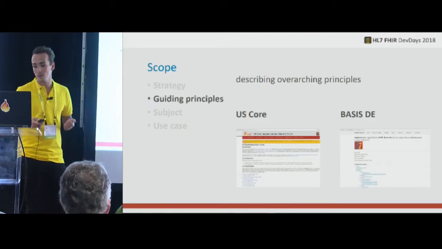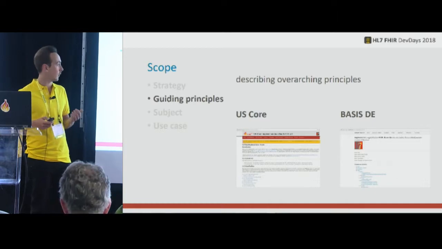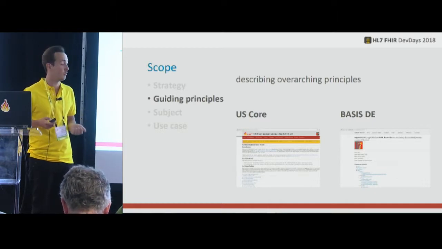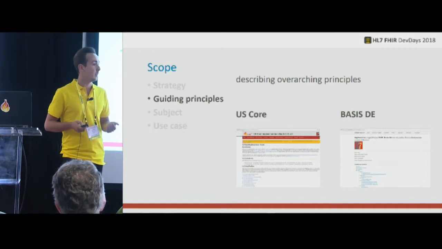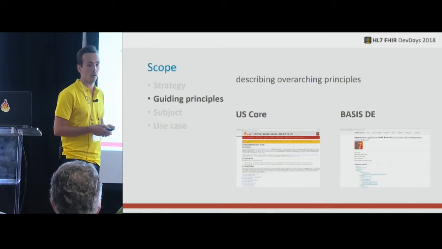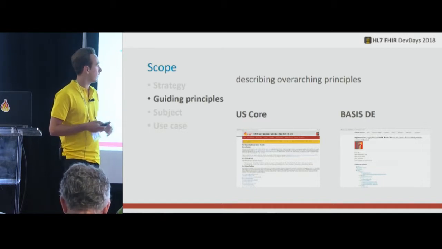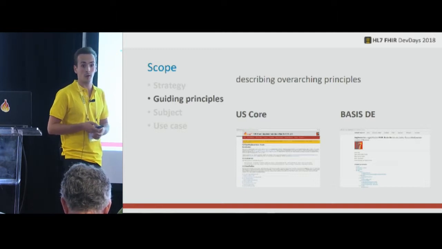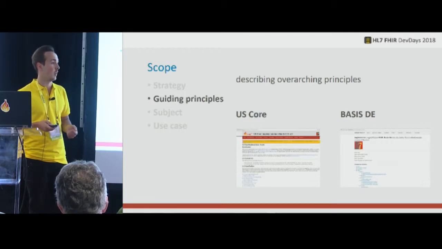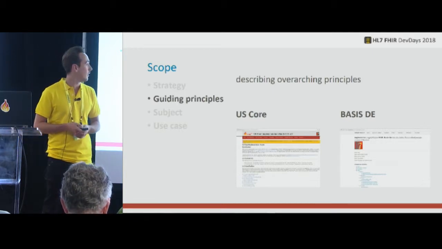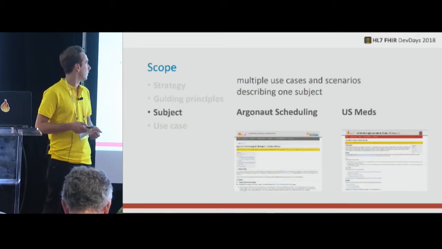These guides are most likely made with overarching principles, and they're designed to be built upon by other FHIR implementation guides. They create the specific, still very open profiles, for example for the United States, and the intent is that they're used by other more specific implementation guides, so not everyone has to reinvent the wheel for all those profiles.